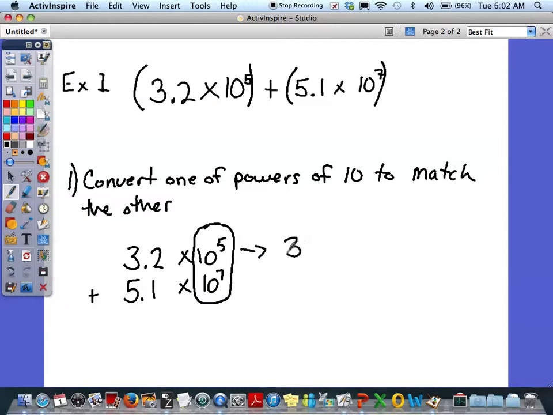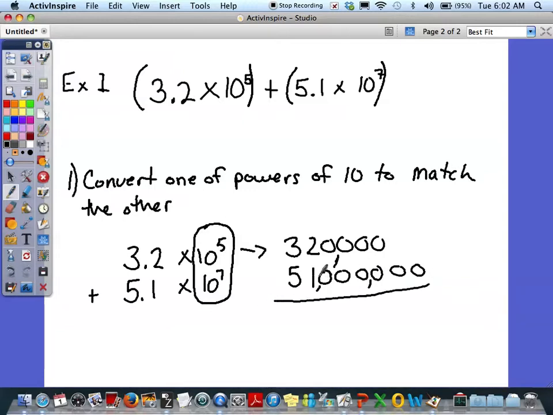This would be 4 zeros here: 1, 2, 3, 4, 5. And we had the 5.1 underneath the 3.2, but we'd have to move it 7 times in this case, so 6 zeros: 1, 2, 3, 4, 5, 6. You guys know we can't add numbers this way because our place values aren't lined up. The 1s are here, the 10s are here, they're not lined up.